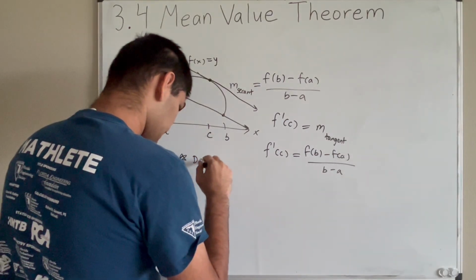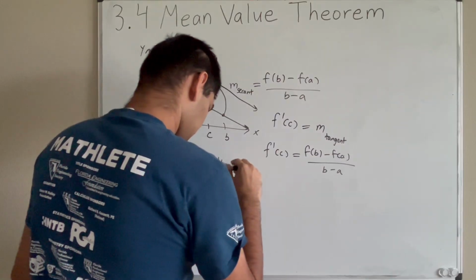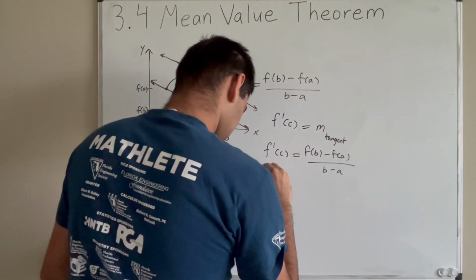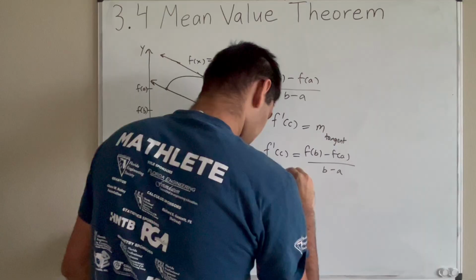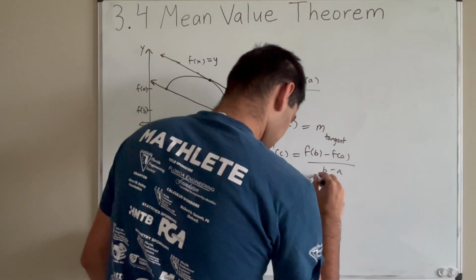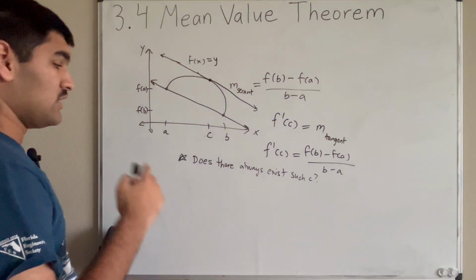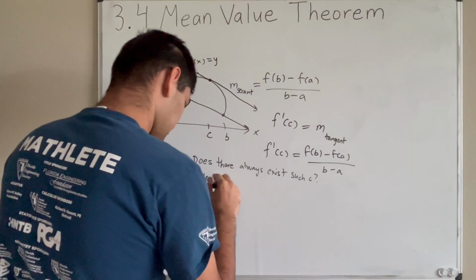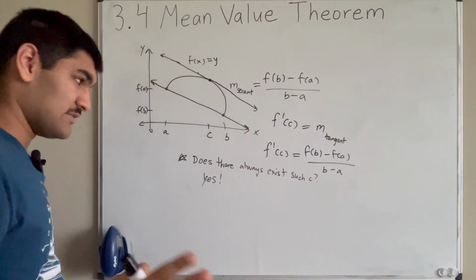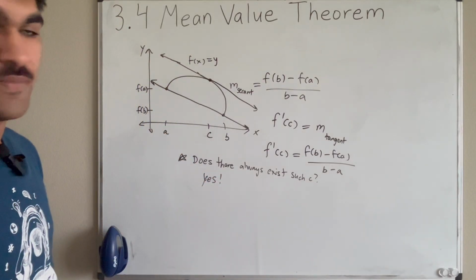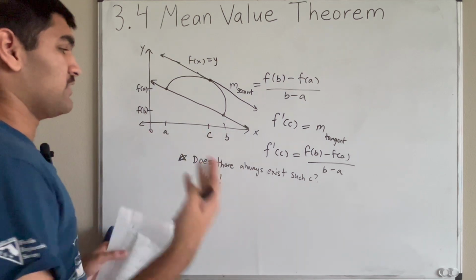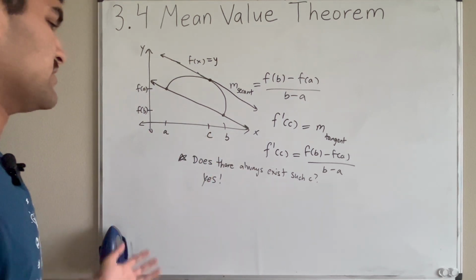Does there always exist such a c? The answer is yes. There does always exist such a c, and that's what the mean value theorem guarantees.